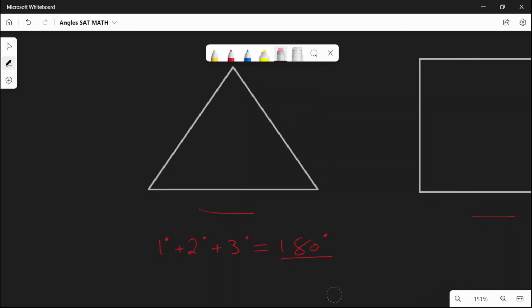If you are given a triangle that has angle x, angle 70, and angle 50, and you're asked to calculate the value of x, then x plus 70 plus 50 is equal to 180. So we will add 70 and 50. 70 plus 50 is equal to 120, and then we subtract 120 from both sides. So x will equal 60 degrees.